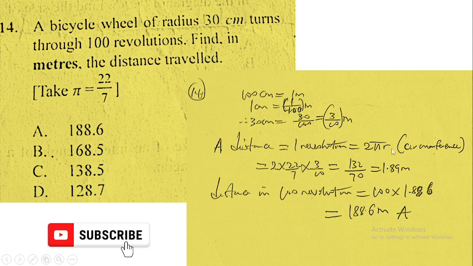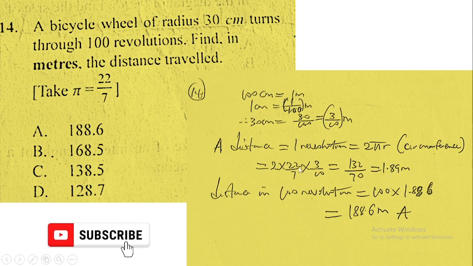So 1 revolution is 2 pi r, and we know that is 2 times 22 over 7, which is pi, times the radius of the wheel, which is 3 over 10. Then if you simplify that further, that will give us 132 over 70, and that will give us 1.86886 meter, which I approximated to 1.89 meter.